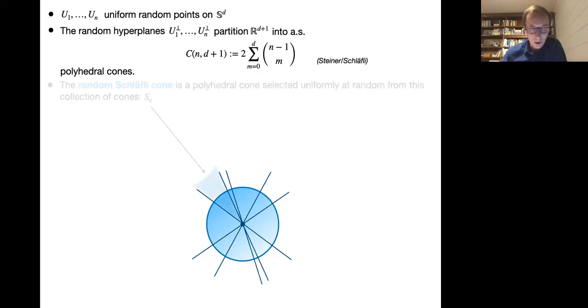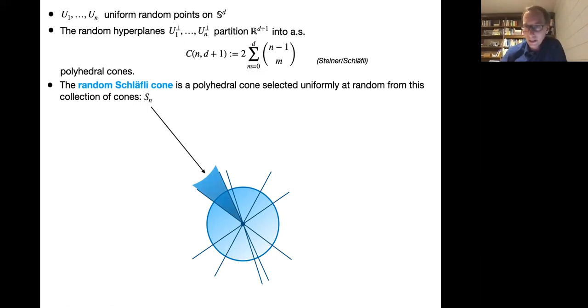And the concept we would like to study is a random cone. So how do we get from this almost surely constant number of random cones to, let's say, a model of random cones? It's that you now select uniformly at random one of these random cones.